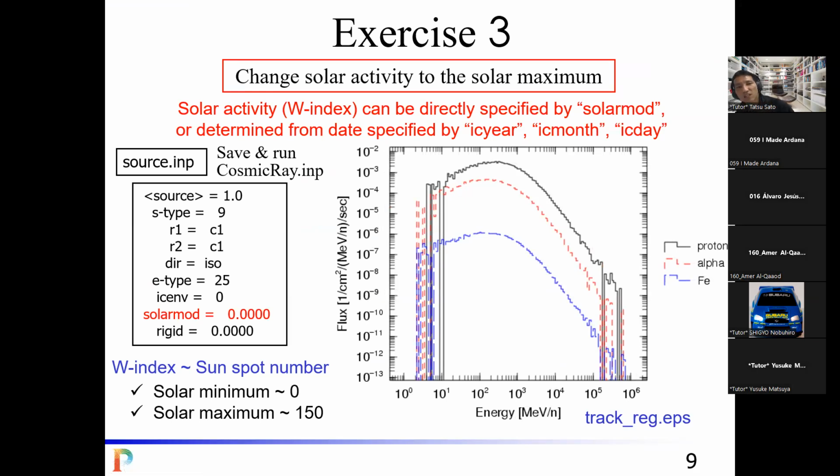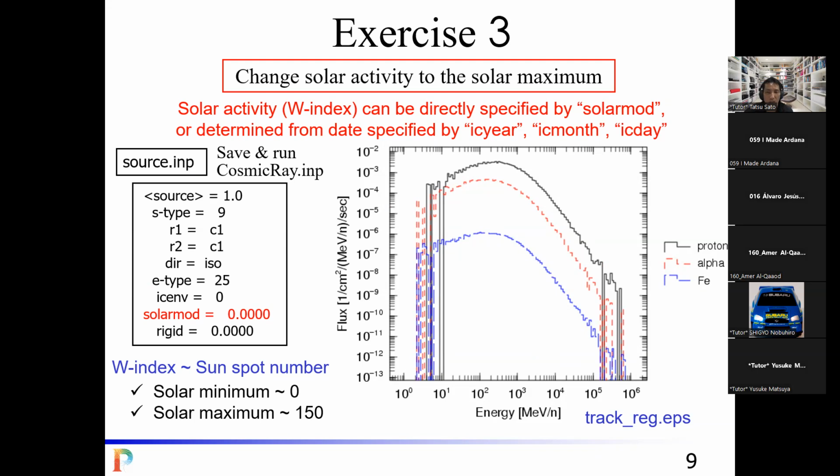Next, let's change the solar activity to the solar maximum. So currently, let's open source.inp. And in the source.inp, the solar mode parameter is the solar modulation index, the so-called W index. The W index can be directly specified by the solar mode parameter or determined from the date specified by IC year, IC month, and IC day.